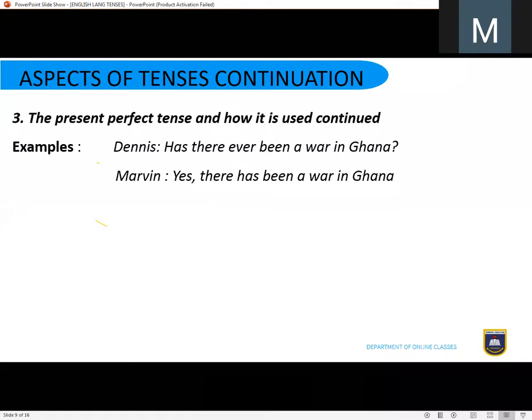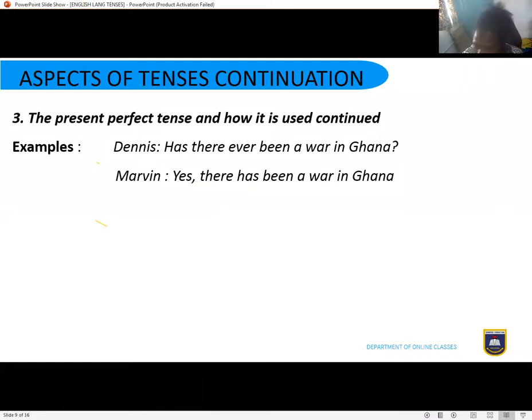So let's analyze the sentence. Has there ever been a war in Ghana? So Dennis asks the question, has there ever been a war in Ghana? This is a question he's asking Marvin.